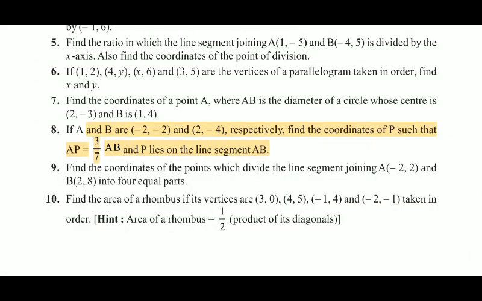See the 8th question. In this question the coordinates of A are (-2, 2) and the coordinates of B are (2, -4) respectively. Find the coordinates of the point P such that AP equals 3/7 AB, where P lies on the line segment AB. This question is very interesting.